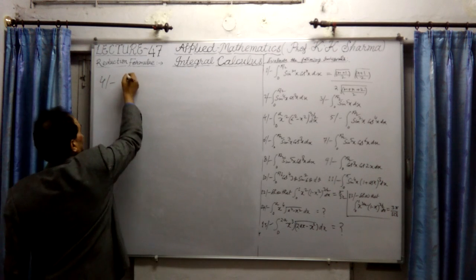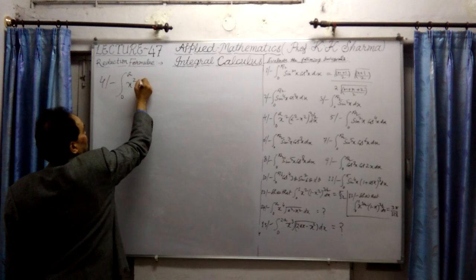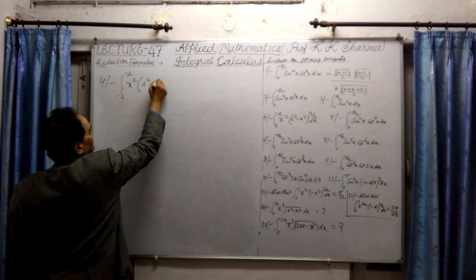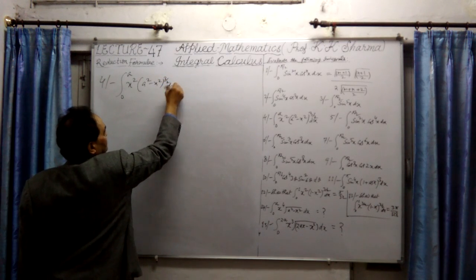Okay, this is the integration from 0 to a, x square, within brackets, a square minus x square, whole power 3 by 2, dx.